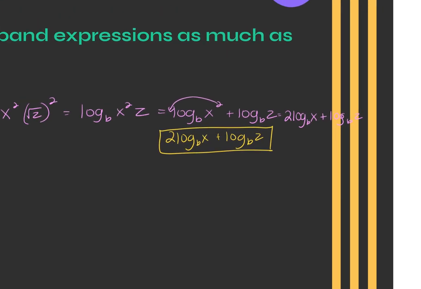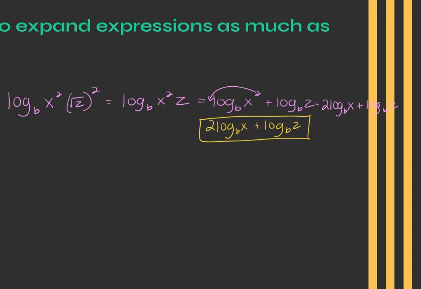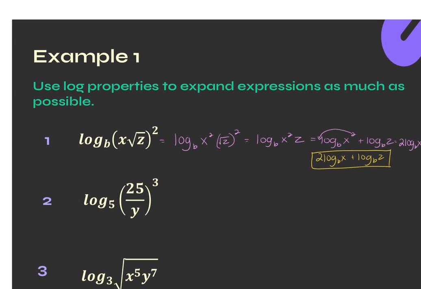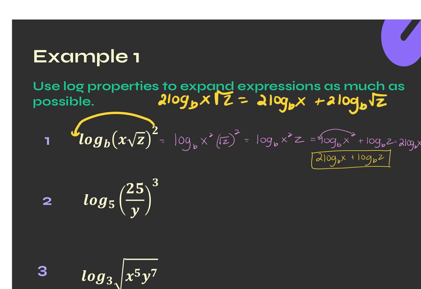Another option from the beginning, just so you can see another option, okay? You could have bumped the power forward, so it would have been 2 log base b of x times the square root of z, and then I could expand it to 2 log base b of x plus 2 log base b of the square root of z.